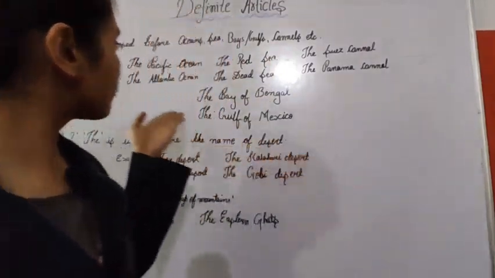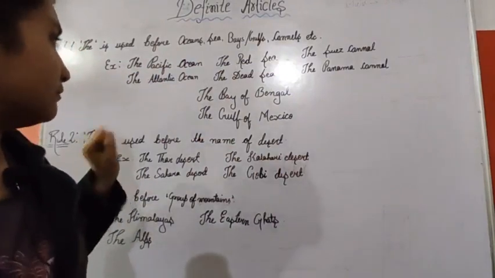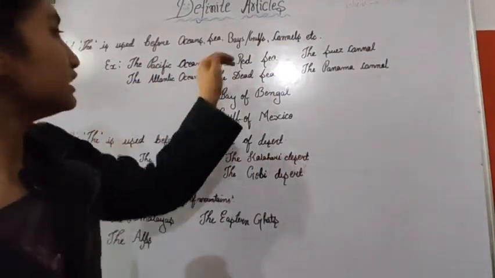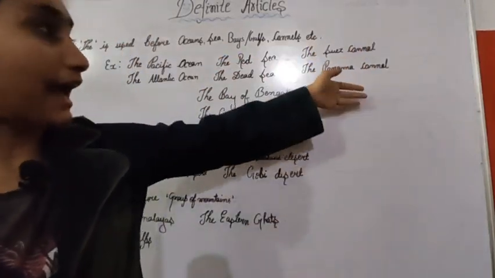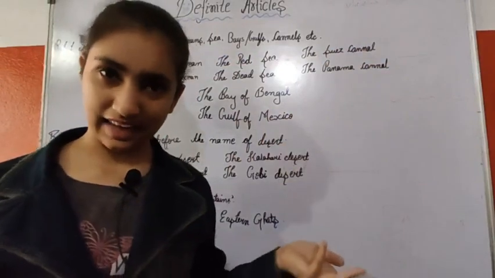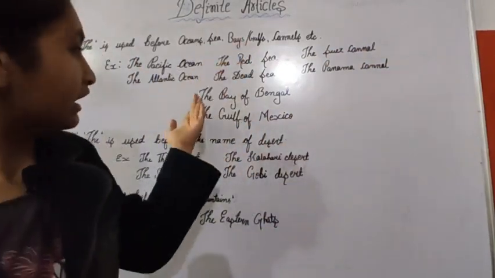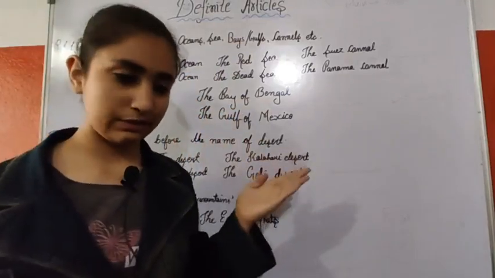For example, you can take the Pacific Ocean, the Atlantic Ocean, the Red Sea, the Dead Sea, the Black Sea, and in canals the Suez Canal, the Panama Canal, the Indira Gandhi Canal, and in bays the Bay of Bengal and the Gulf of Mexico.